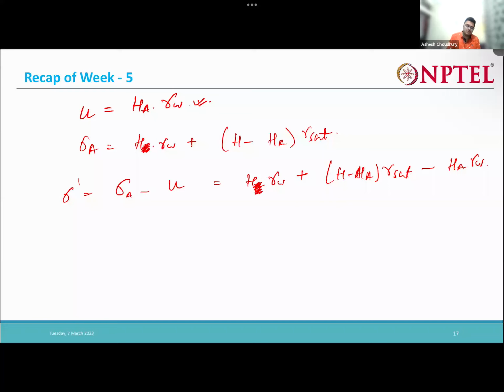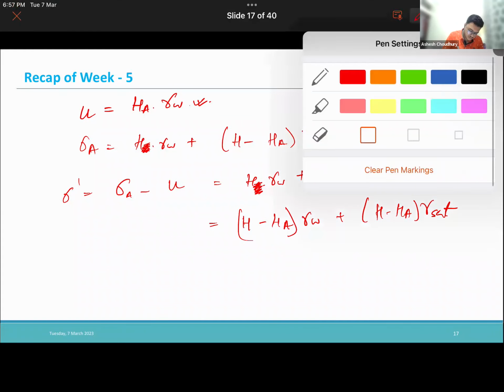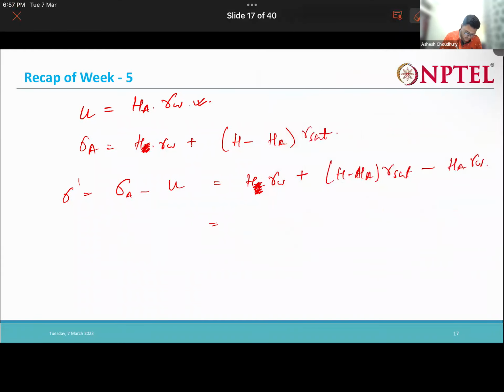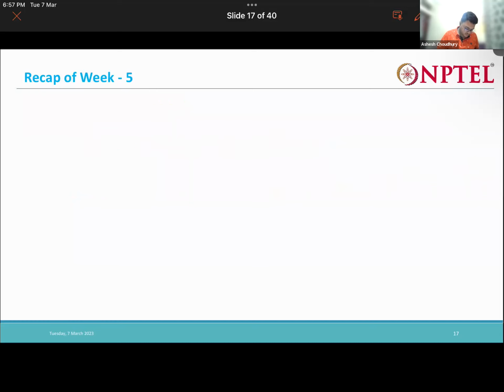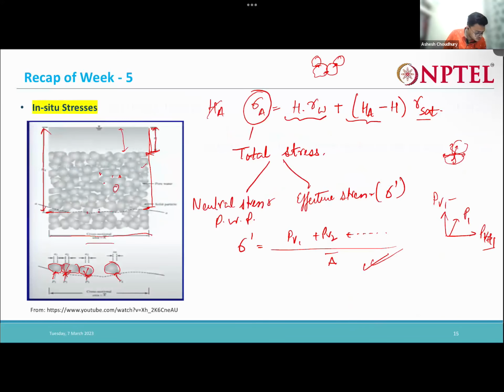So H into gamma W plus H minus HA into gamma sat minus HA into gamma W. So if you just rearrange these terms, you will get H minus HA into gamma W plus H minus HA into gamma sat. Should be minus. Just a second. I will just check it.